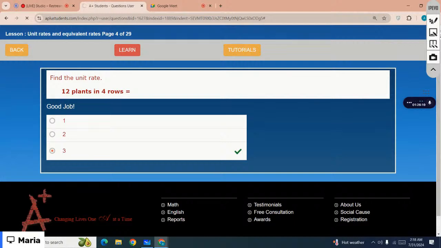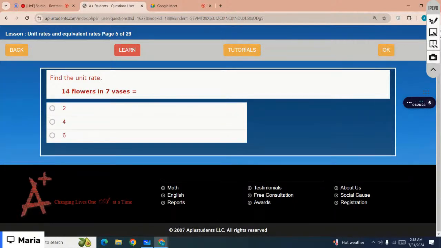Find the unit rate: 14 flowers in seven vases. So which is the correct option?